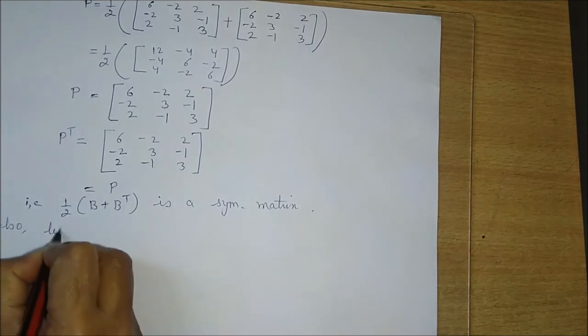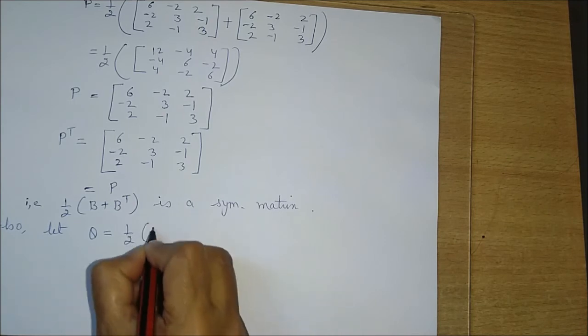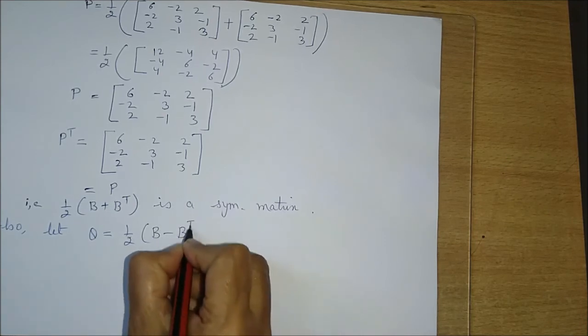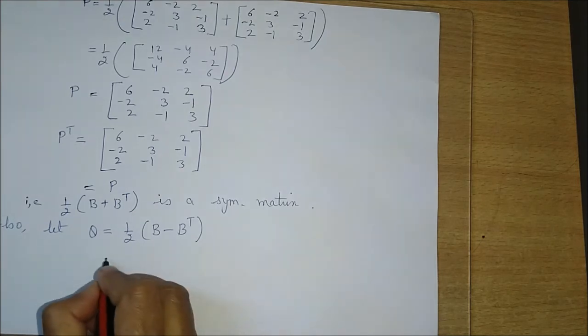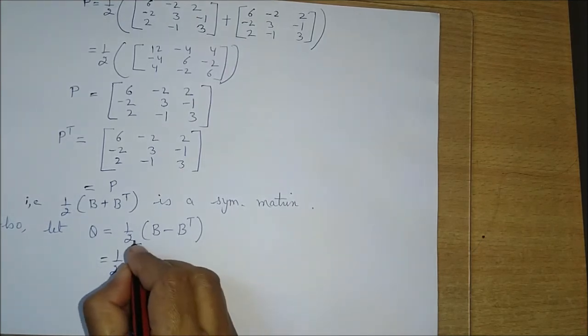Also, let Q equal 1 by 2 (B minus B transpose). That is half of B matrix.